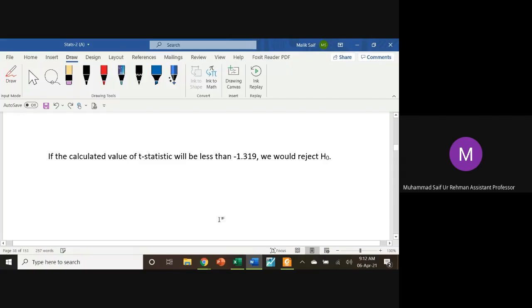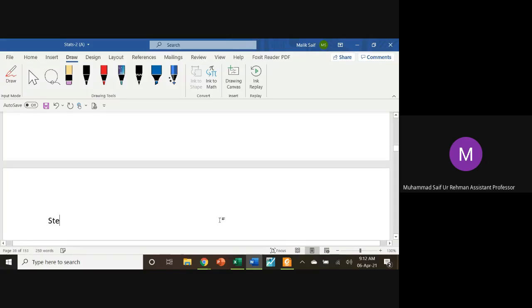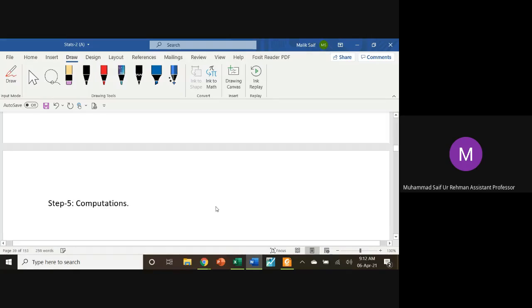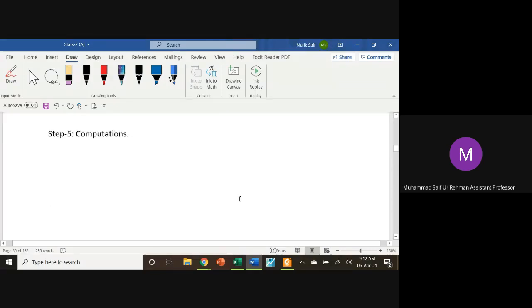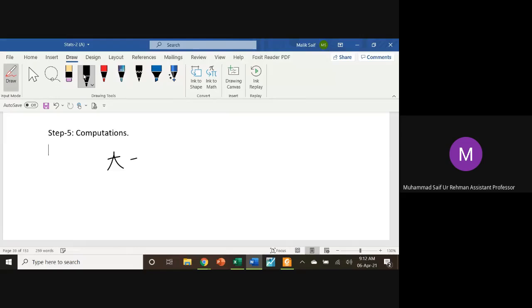So let us move onward and write down step 5. Step 5 is computations or calculations. Here you will substitute; first of all, write down the formula. T is equal to x bar minus mu divided by s divided by square root n. This is basically your calculated t value. So substitute the values.